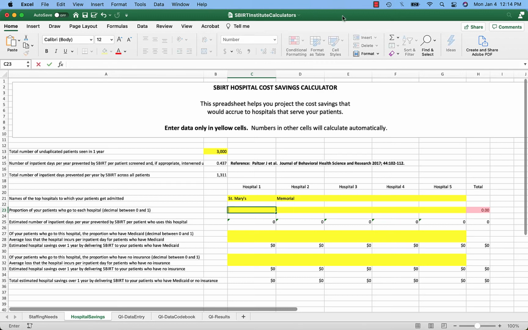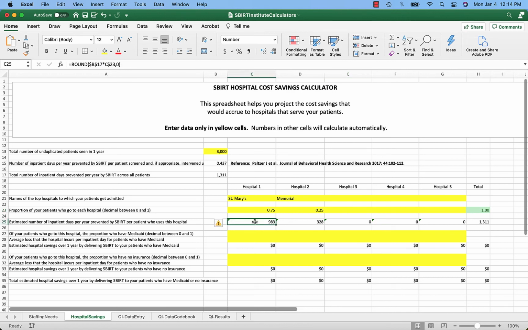Let's say that 75% of your patients go to St. Mary's and 25% go to Memorial. If I make a mistake and enter 0.2 for Memorial, the total is less than 1 and cell H23 remains red. I'll correct my mistake and enter 0.25 for Memorial, and now cell H23 shows a nice green 1.